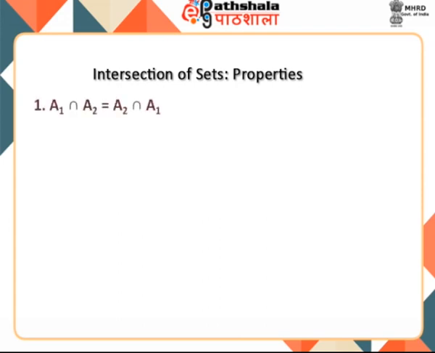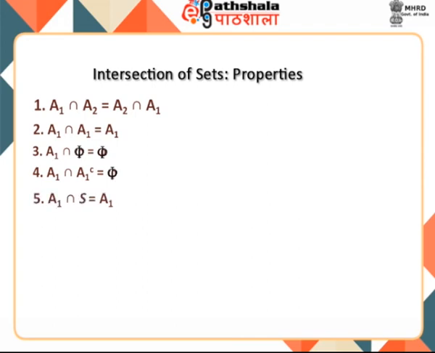1. A1 intersection A2 is equal to A2 intersection A1. 2. A1 intersection A1 is equal to A1. 3. A1 intersection phi is equal to phi. 4. A1 intersection A1 complement is equal to phi. 5. A1 intersection S is equal to A1. 6.